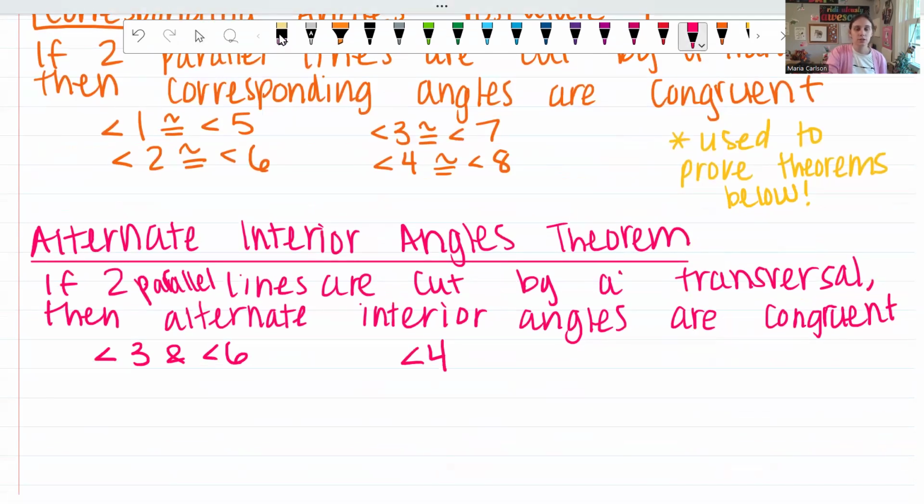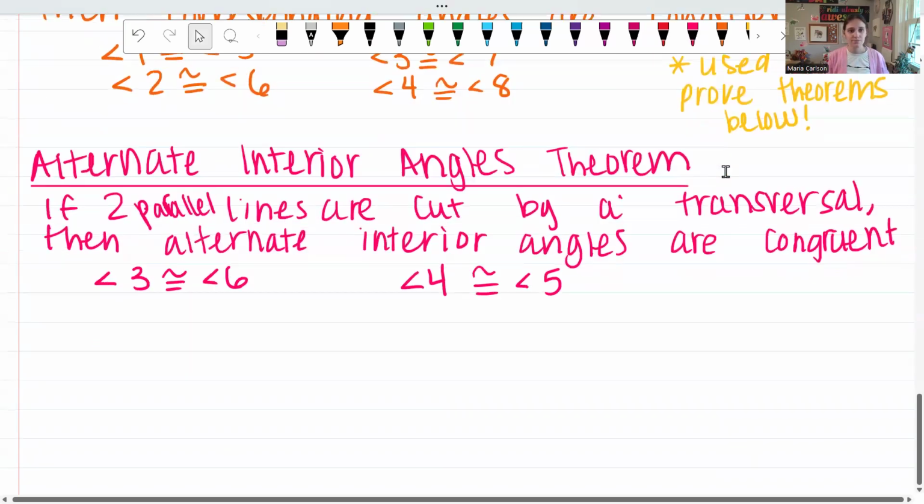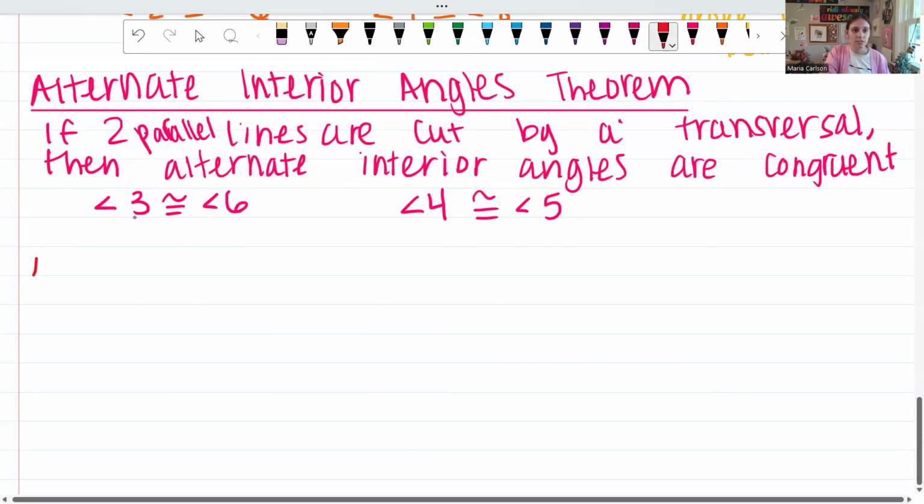And really, these are congruent, right? That's what the theorem states. They are congruent. And the proof of this is in the OMHS, so please read through this to see how it is proved. The next proof is the alternate exterior angle theorem.